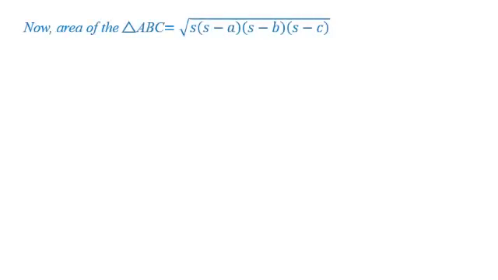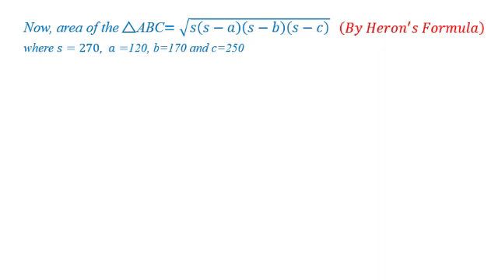So here the area of the triangle ABC is equal to the square root of s into s minus a into s minus b into s minus c, where s is 270, a equals 120, b equals 170, and c equals 250. So here we are using Heron's formula.